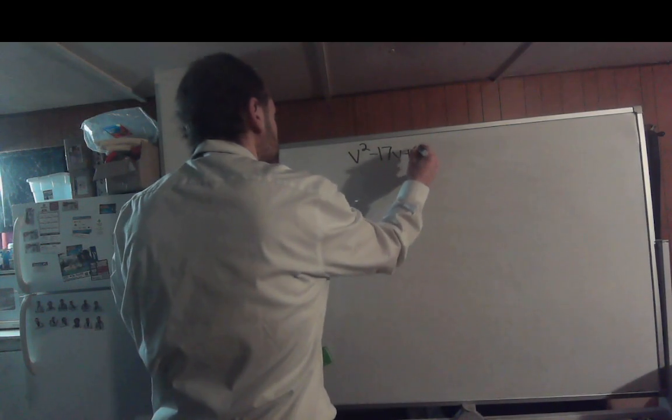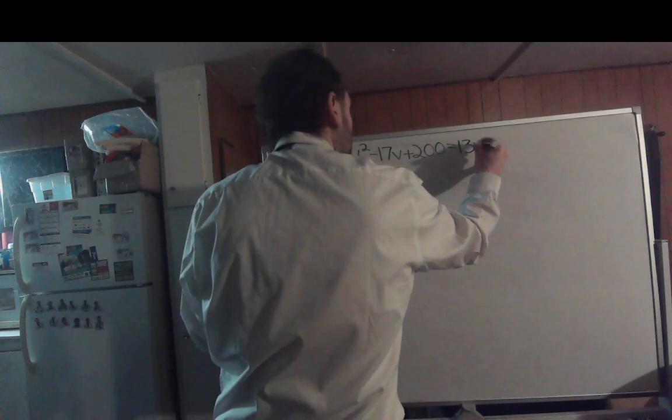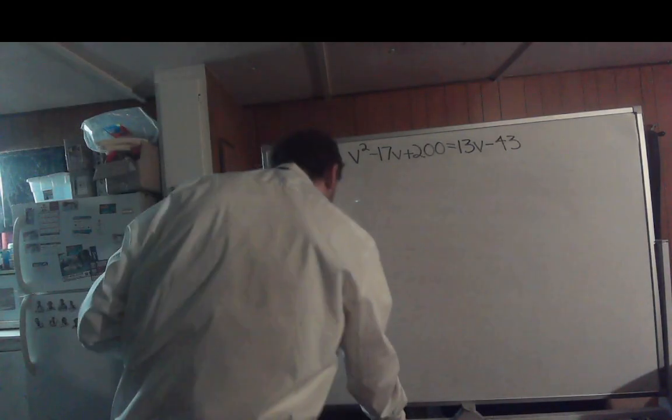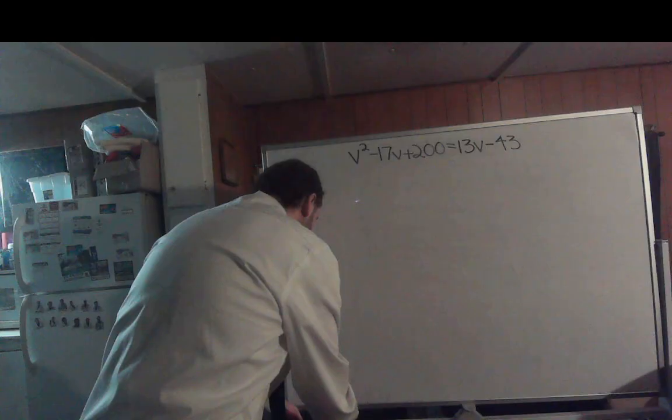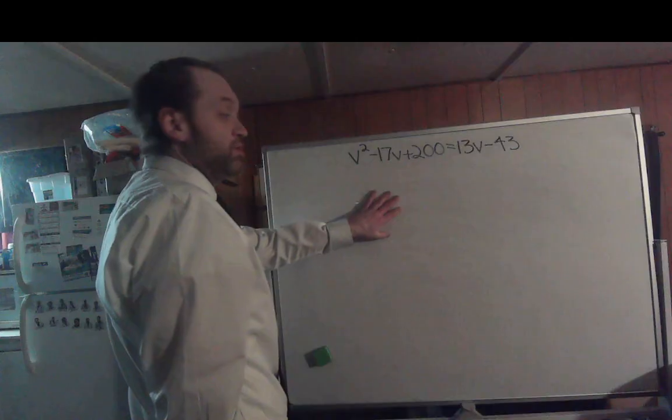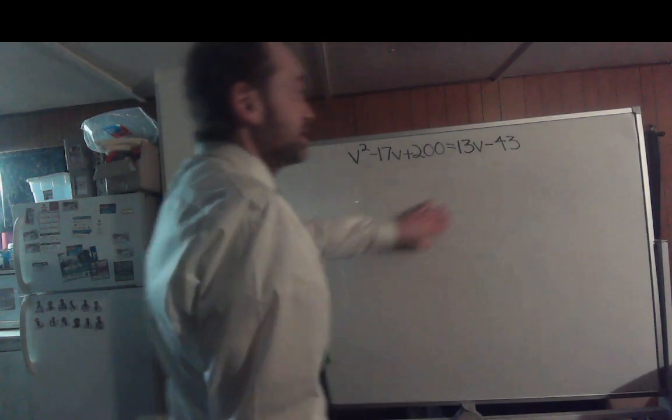All right, v squared minus 17v plus 200 is going to equal 13v minus 43. So v squared minus 17v plus 200 equals 13v minus 43.